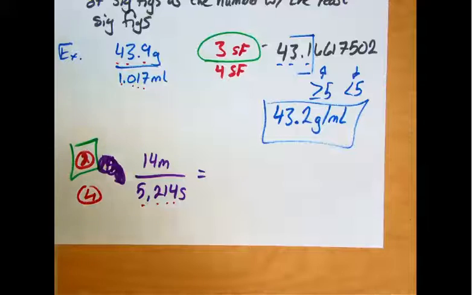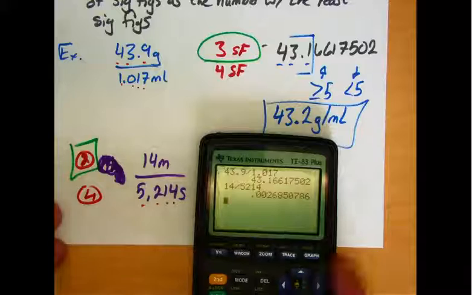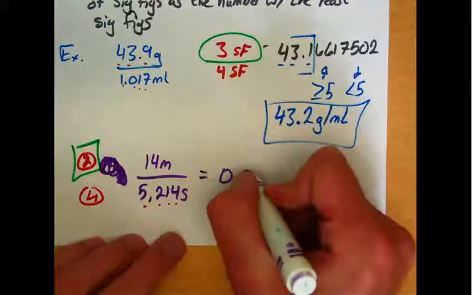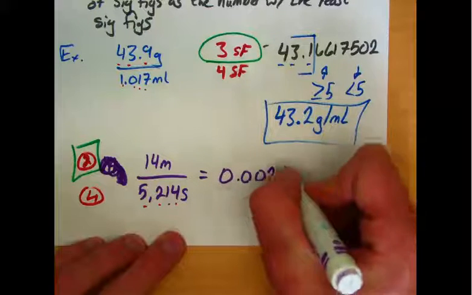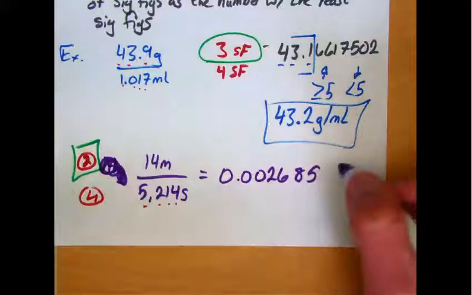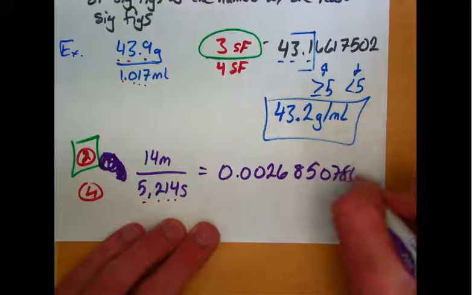Step 3, perform my calculation, which is 14 divided by 5214, gives me this little itty bitty number, which is 0.0026850786.